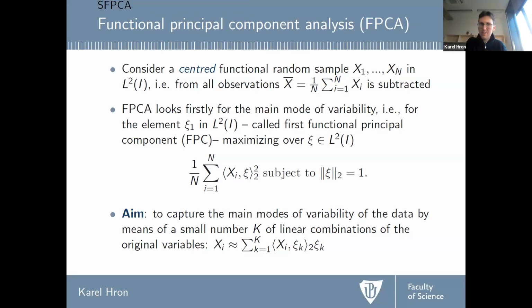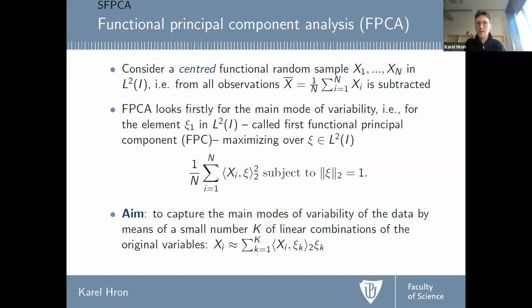So let's proceed to dimension reduction now. And first, let's recap a bit functional principal component analysis, and then go directly to statistical processing of densities. So let's consider a centered functional random sample.